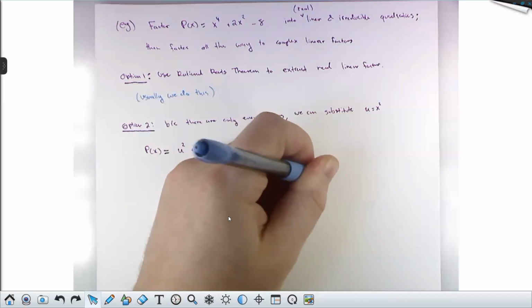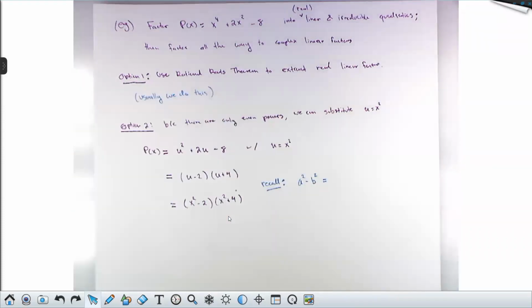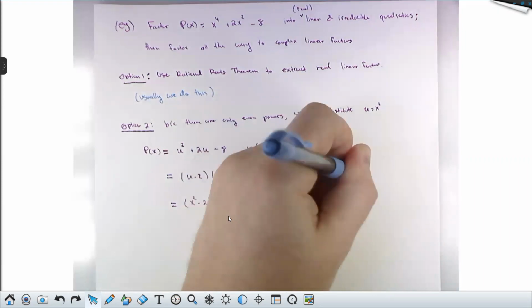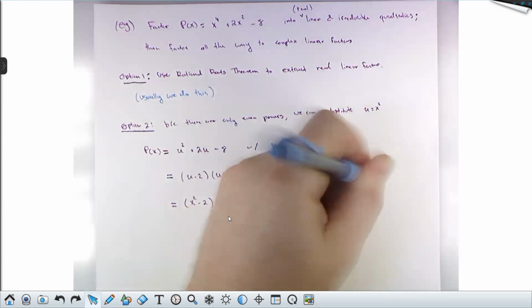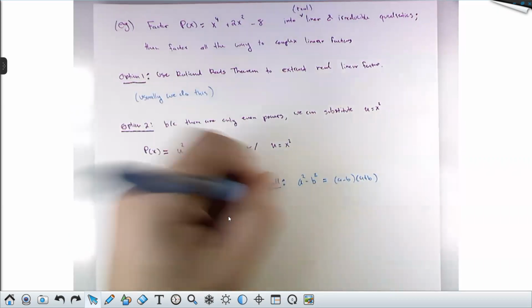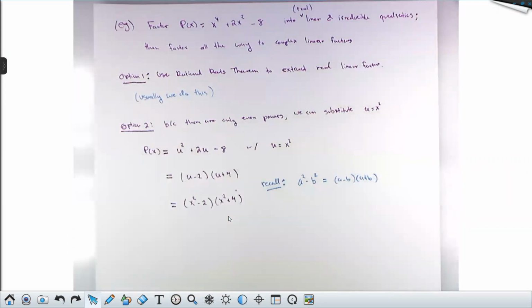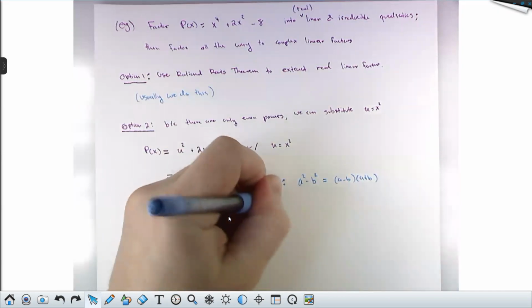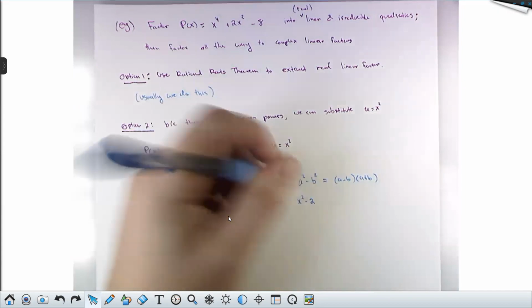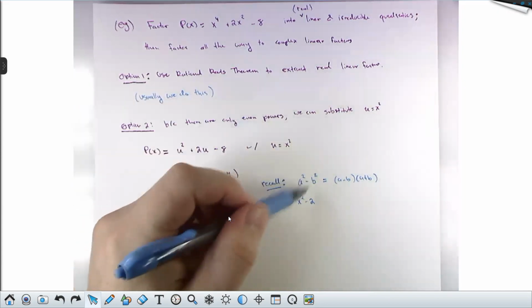We've used this once before in the semester. Factoring as a difference of squares, right? So a squared minus b squared can always be written as a minus b times a plus b. So x squared minus 2, well, that 2 doesn't look like a b squared, does it?